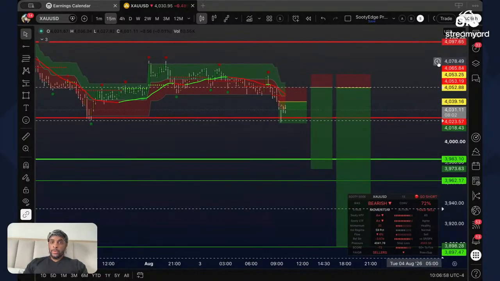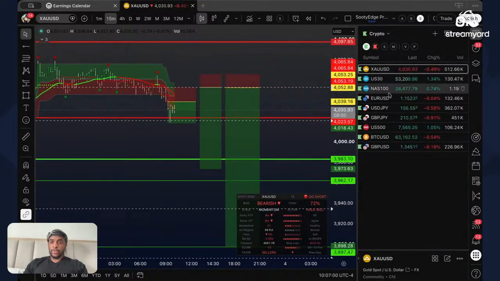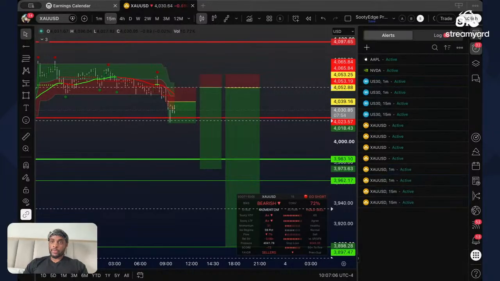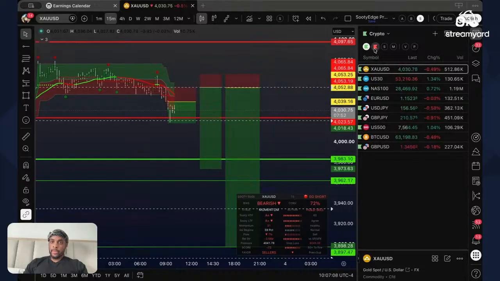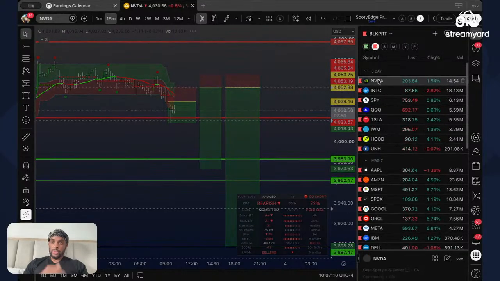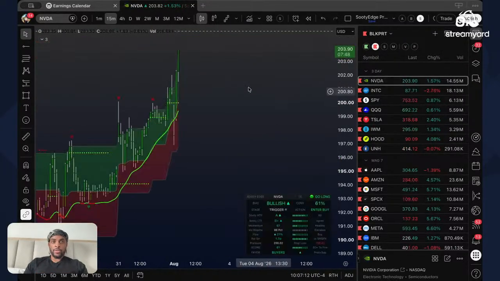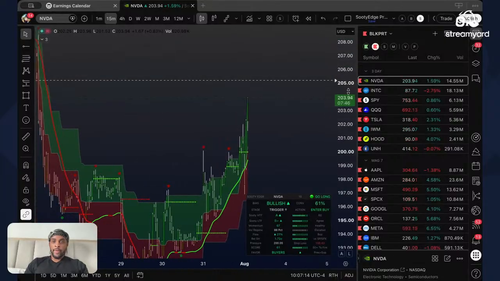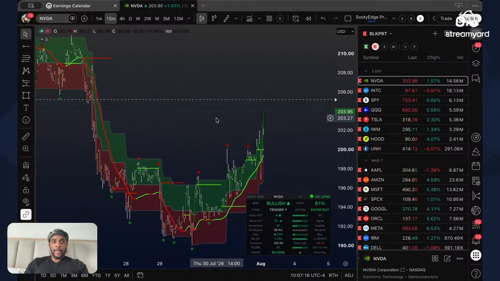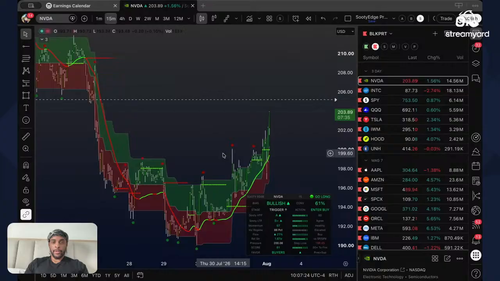Let me go check on NVIDIA while we're waiting on gold to make a decision. All right. I got some call options, but it ain't hit my level yet, obviously. Okay. We at 203. So same thing here. I had this blitzing up, coming back above 205, targeting this area up here.